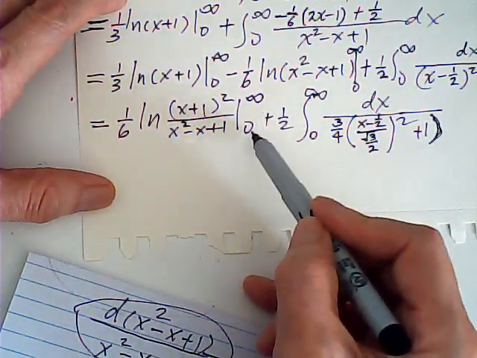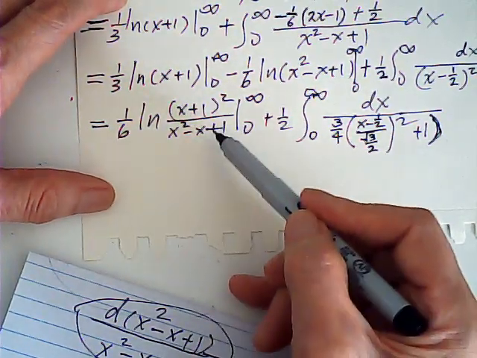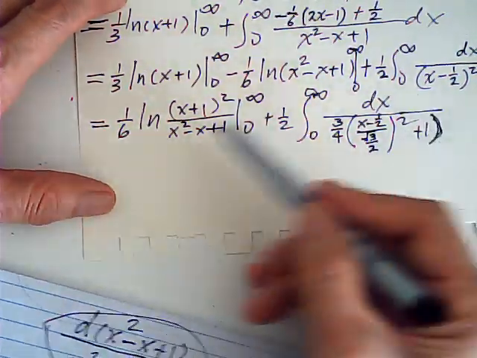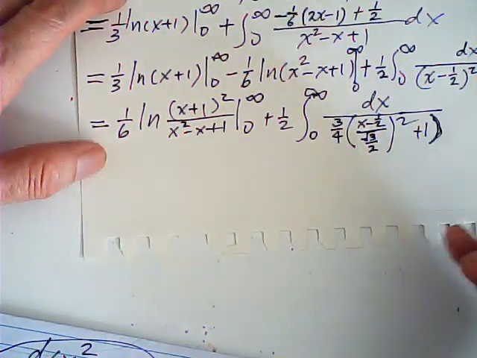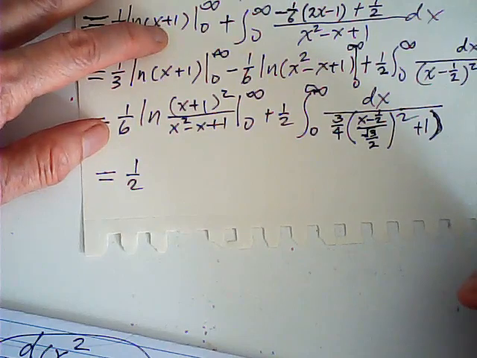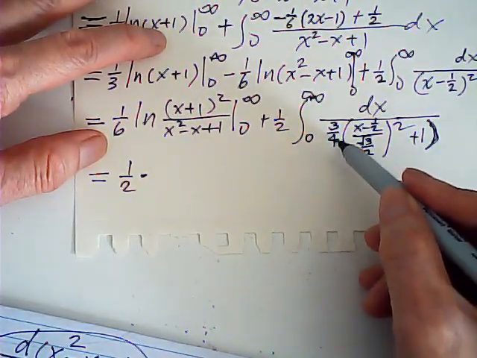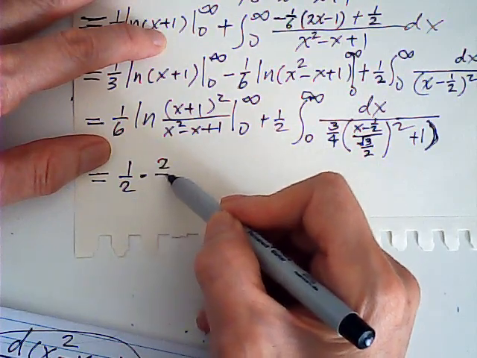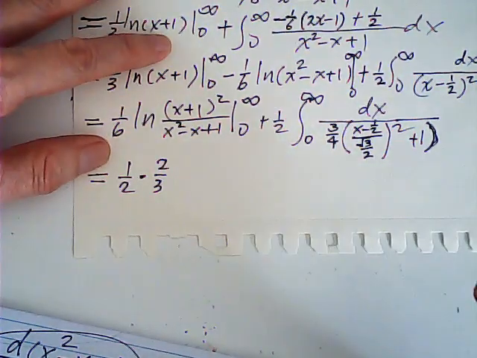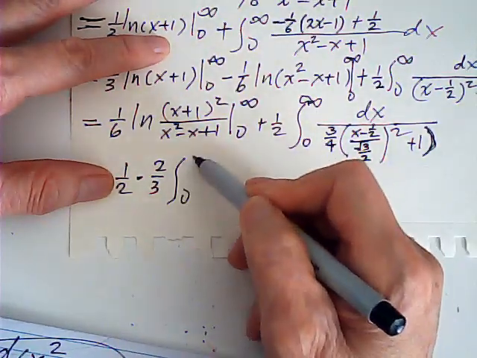When x goes to 0 it is 1. When x goes to infinity it is also 1. Therefore log 1 is 0. So this one is 0. So this becomes 1/2 times, this is out, right? This is 2 over 3, integral from 0 to infinity.